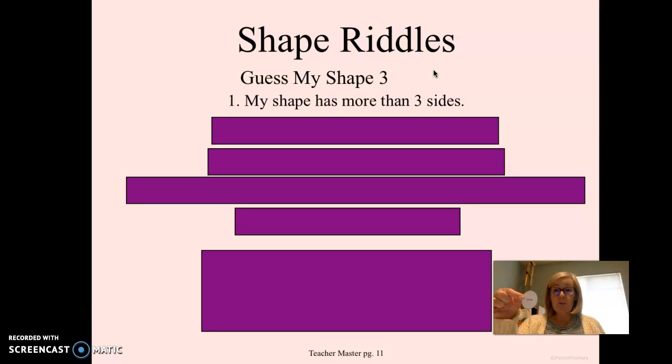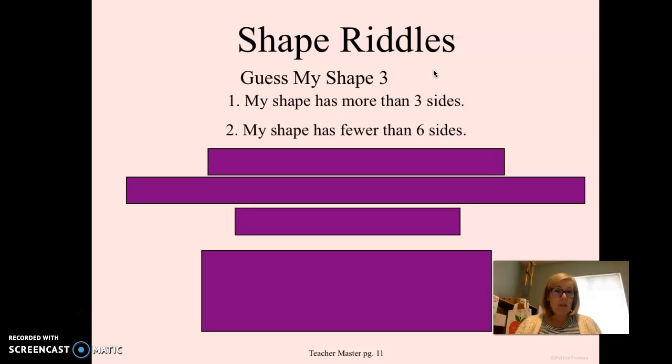A circle has no sides, so we can take that out. If it has more than 3 sides, anything that has 3 sides can go in our pile. So we take out our equilateral triangle, our right triangle, and our scalene triangle.